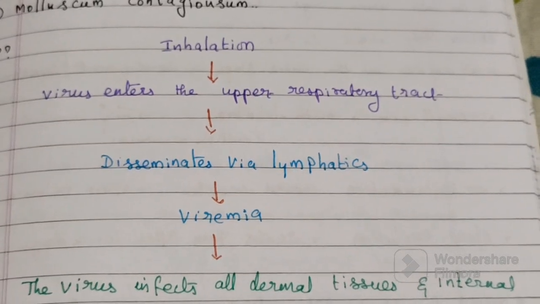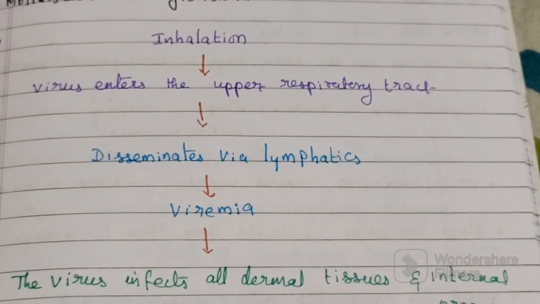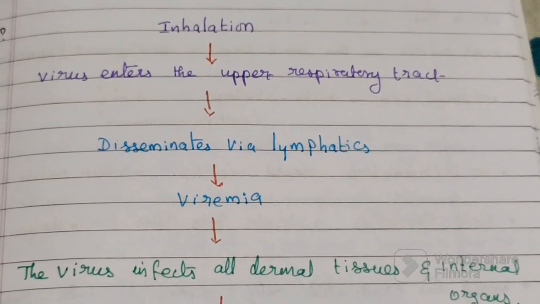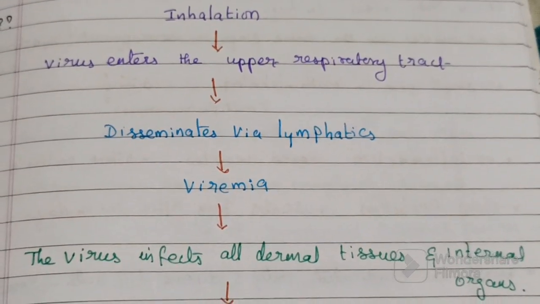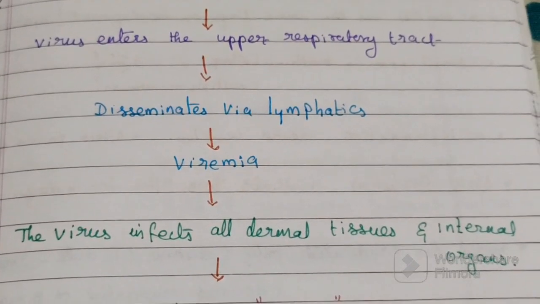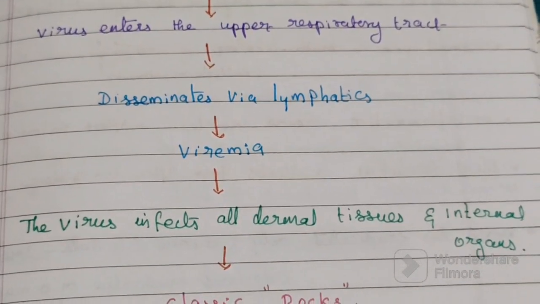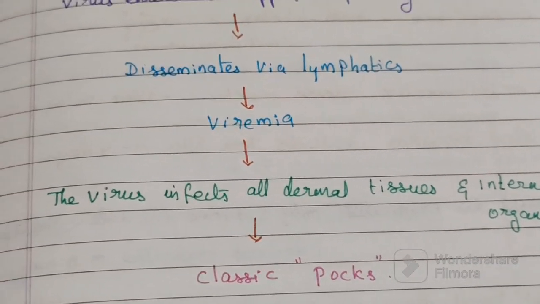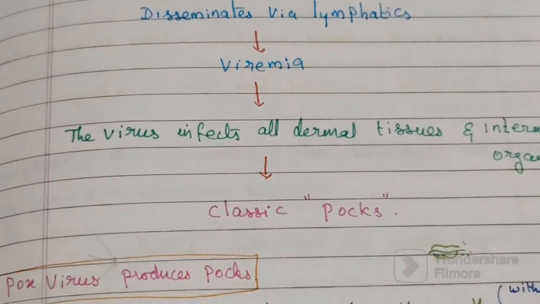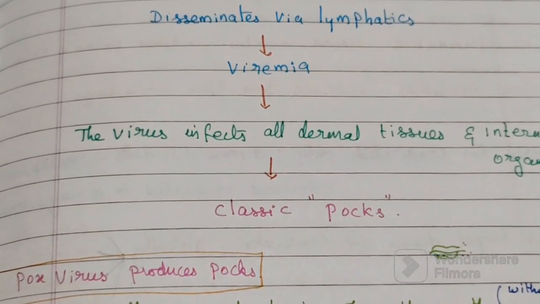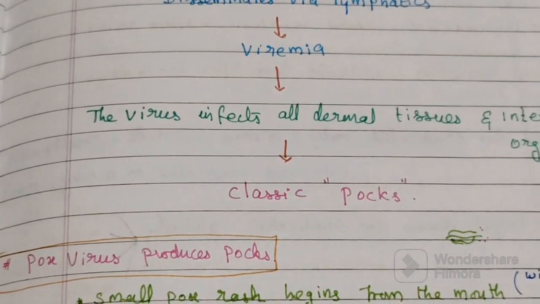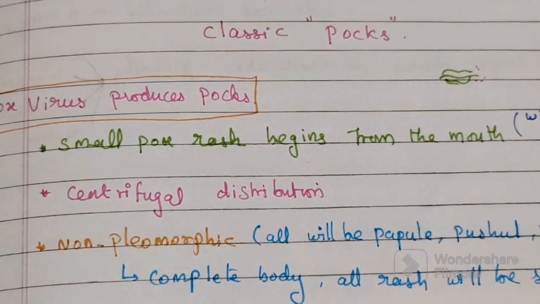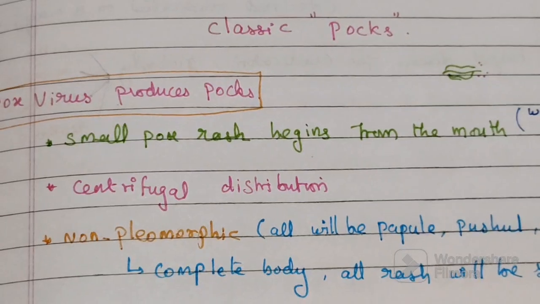Through inhalation it enters, reaches the respiratory tract, then disseminates via lymphatics. The virus enters the blood, causing viremia. Then it infects all dermal tissue and internal organs and causes Pocks. Pox virus produces Pocks. The name of the disease is smallpox.